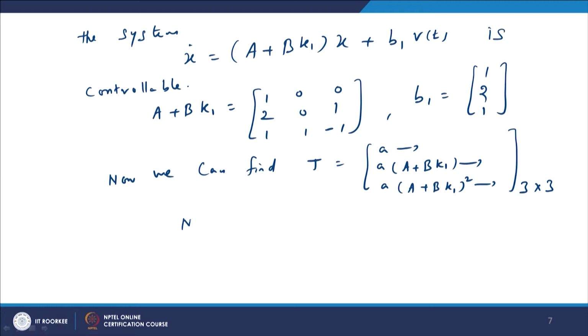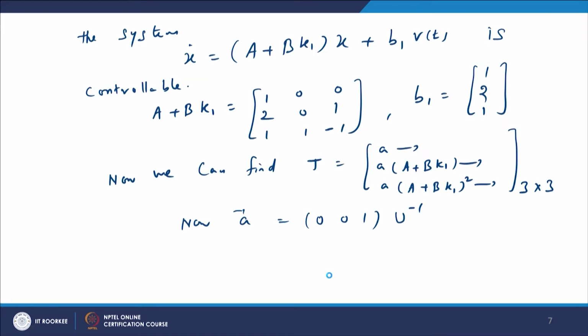The vector a, the first row of this T matrix, is nothing but 0 0 1 into U inverse, where U inverse is the controllability matrix obtained from B, AB, etc. Here the matrix U is obtained from B1.